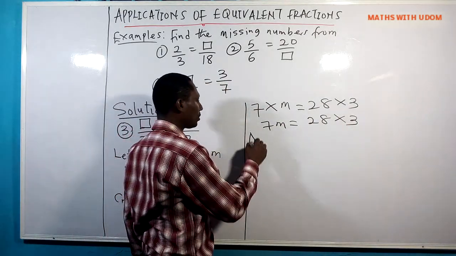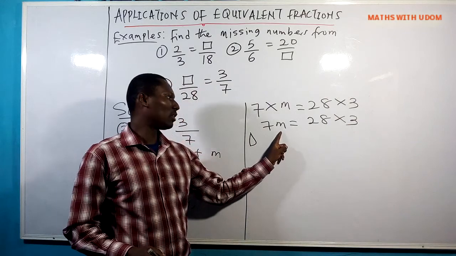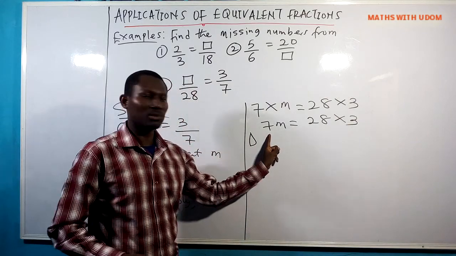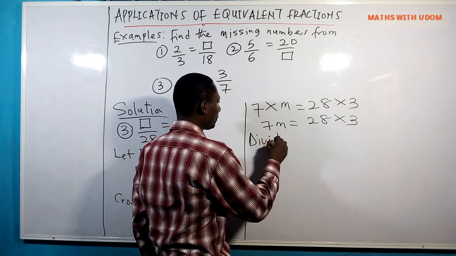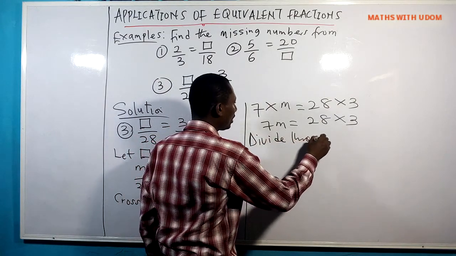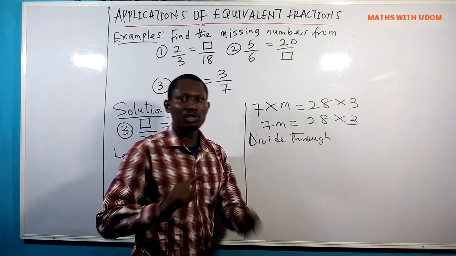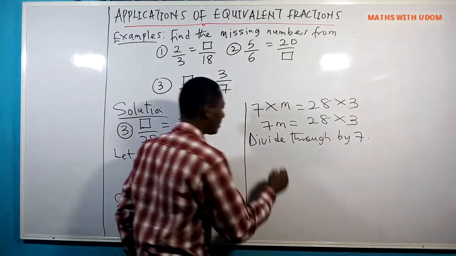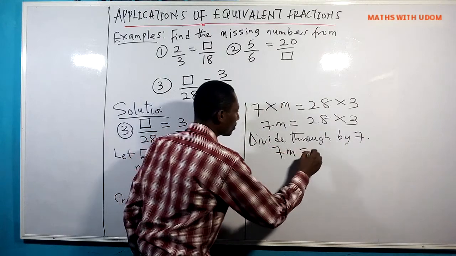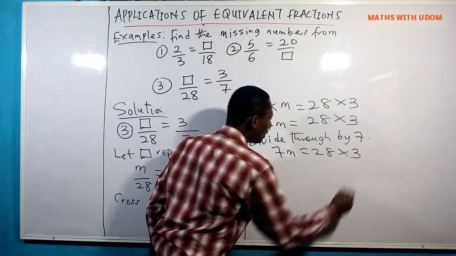So we divide through by the coefficient of the unknown. The coefficient of M is 7. So we divide through by 7. When we say divide through, it means divide throughout. Divide through by what? By 7. So we have 7M equals to what? 28 times 3.